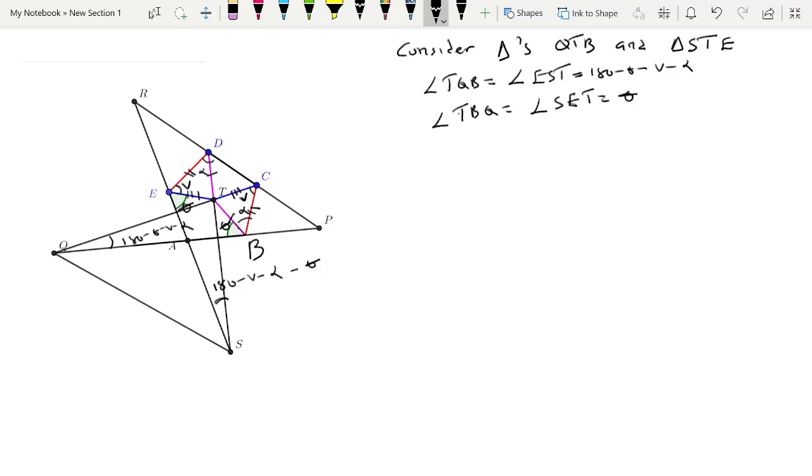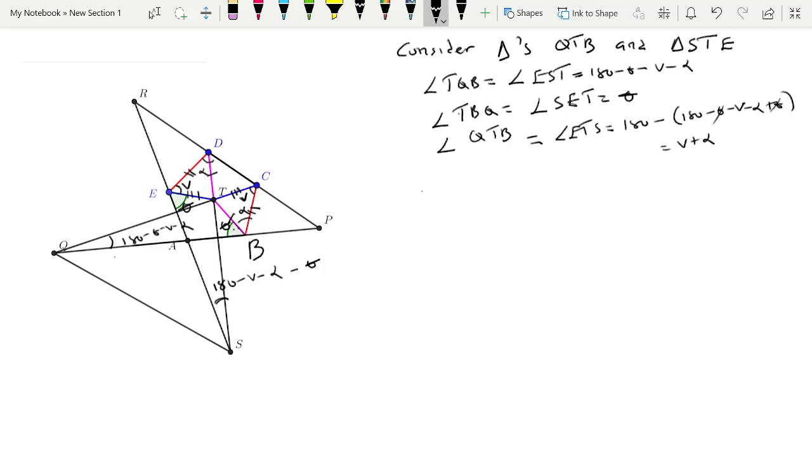So we know these two angles are equal. So that means the last one, angle QTB, has to be equal to angle ETS, which is V plus alpha. So these two are equal to V plus alpha.